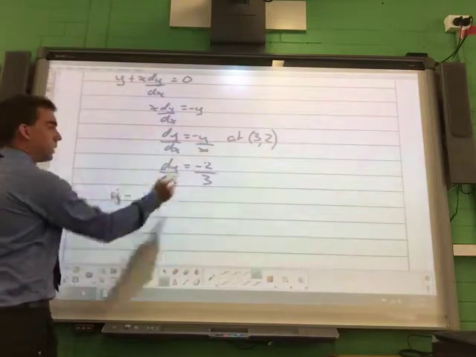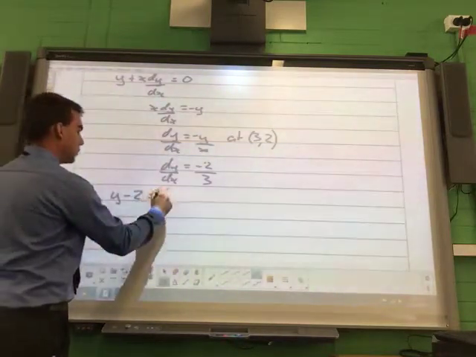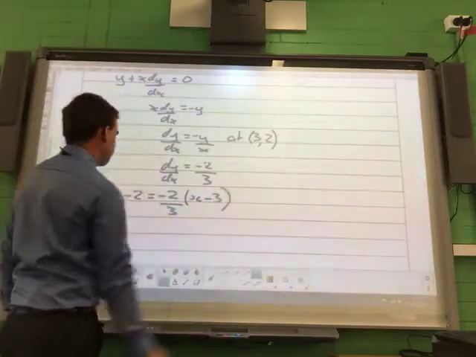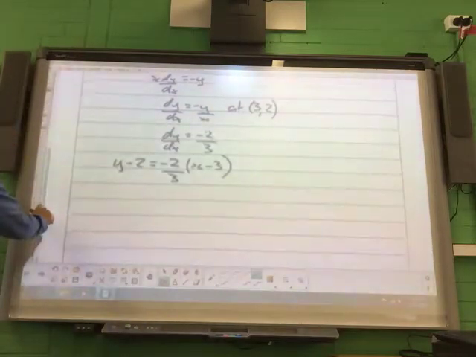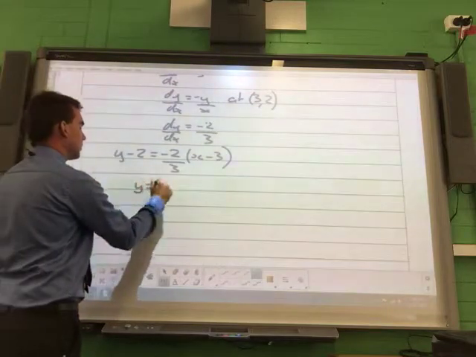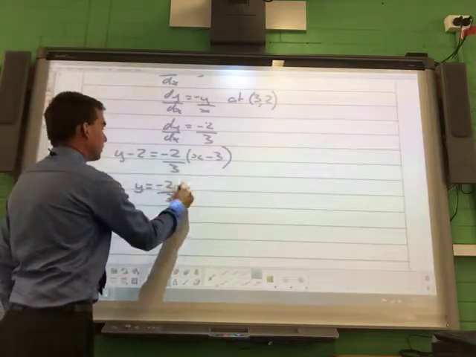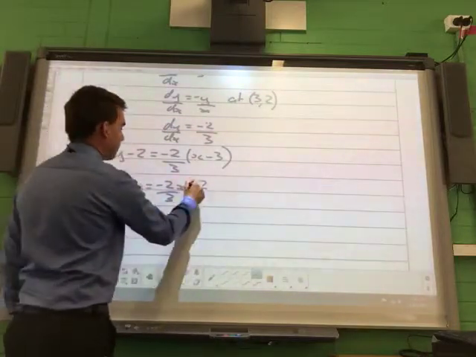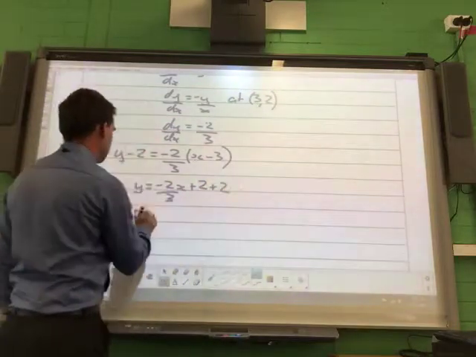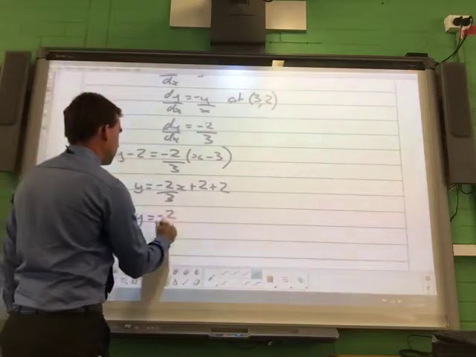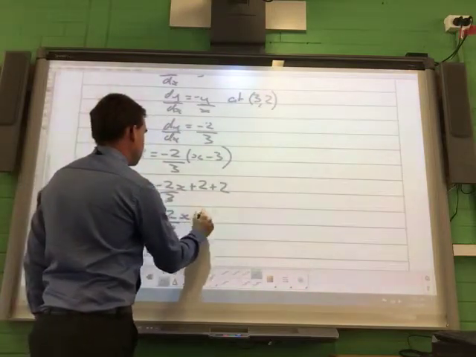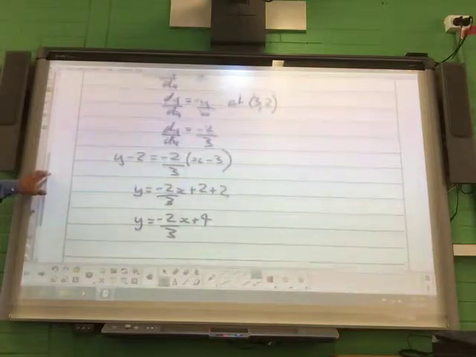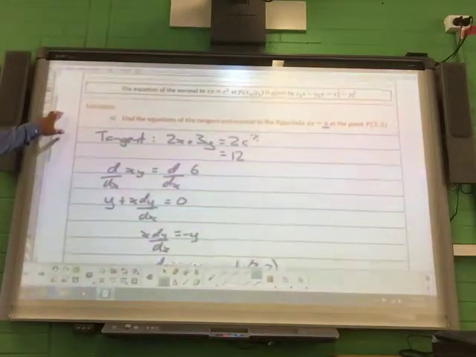Alright, so y take away y1 is equal to m times x take away x1. And that's consistent with the formula.